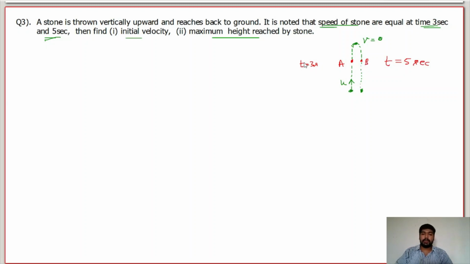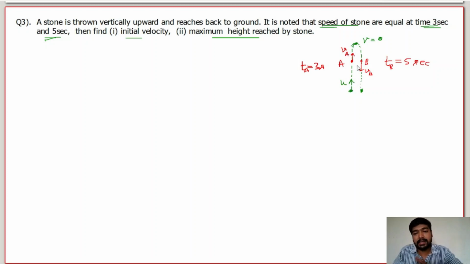Let's say this time is TA and this time is TB. At these points, I consider this velocity as VA and this velocity as VB, because after this the motion will be downward and from here the motion will be upward.